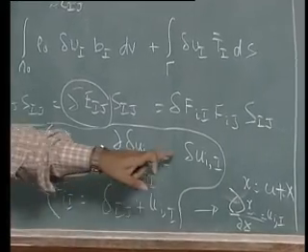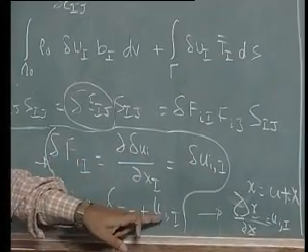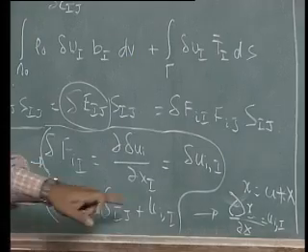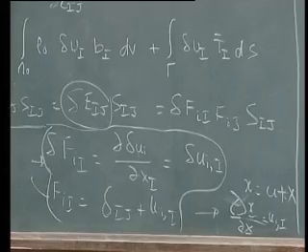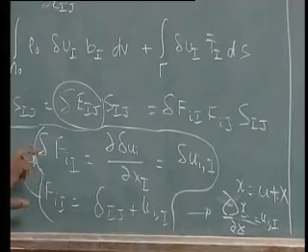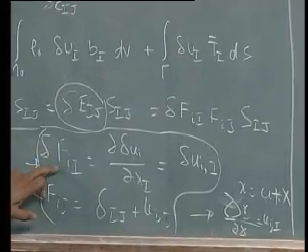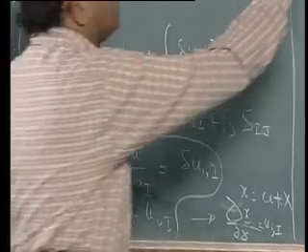So you will get delta F iI is equal to delta u i comma capital I. Of course you know that small i is in the current and the capital I is in the reference configuration. So with this, what we do is look at the first variation.